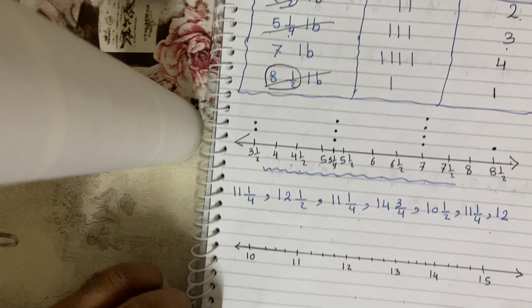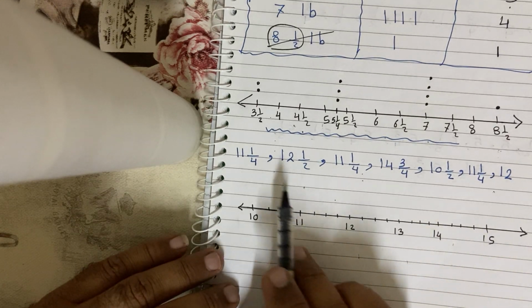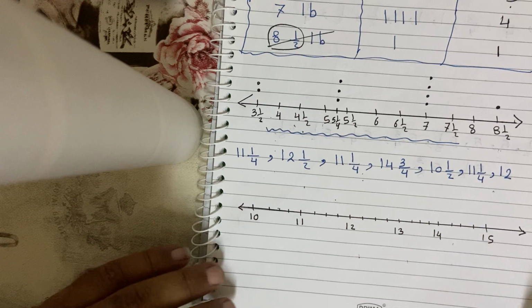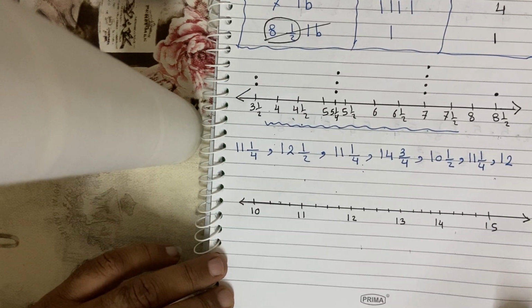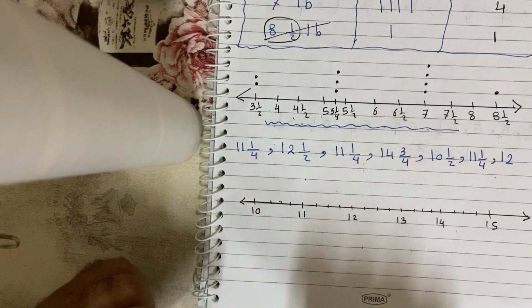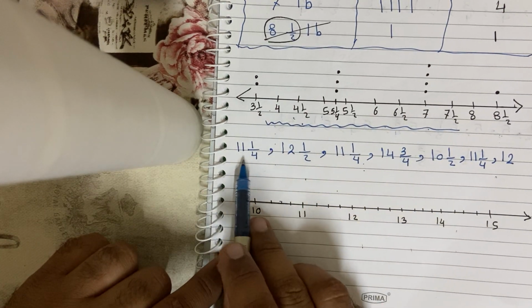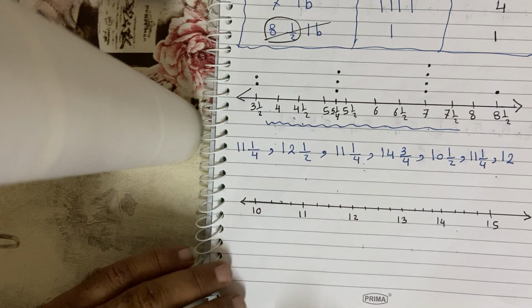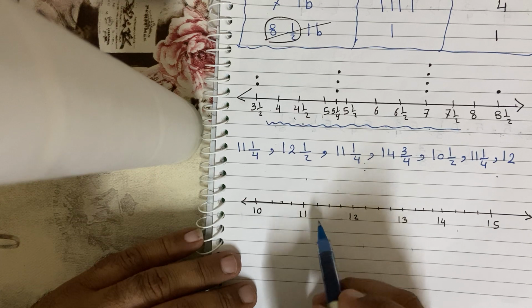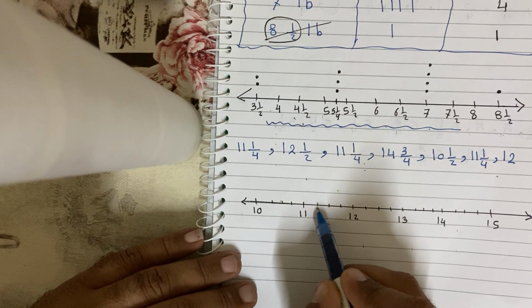The next question. We have some data here, and he already drew the line plot, and he needs me just to put the dots. How come? Let's check. 11.25. 11.25 is after 11 with 1 dash, because this is 11.25.